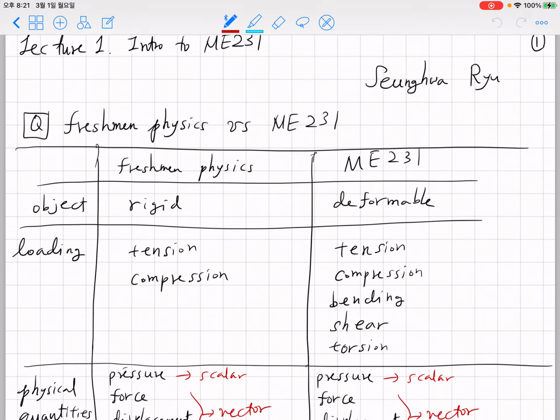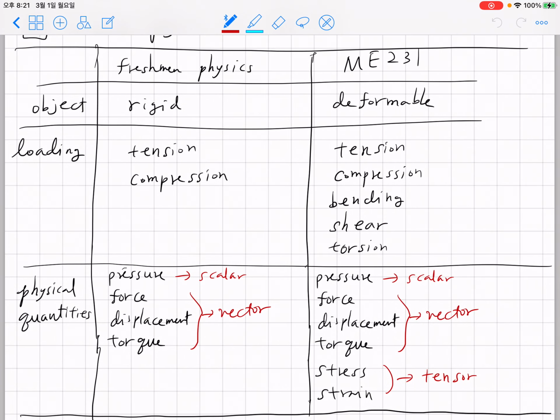This is the table that summarizes what was going on in freshman physics and what you're going to learn in ME231. The object of study in freshman physics was the rigid body, but in ME231, we're going to learn about the deformable body.